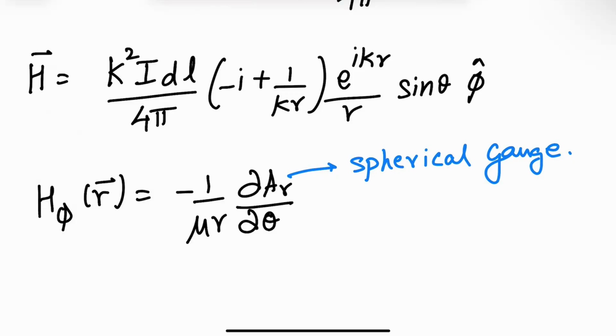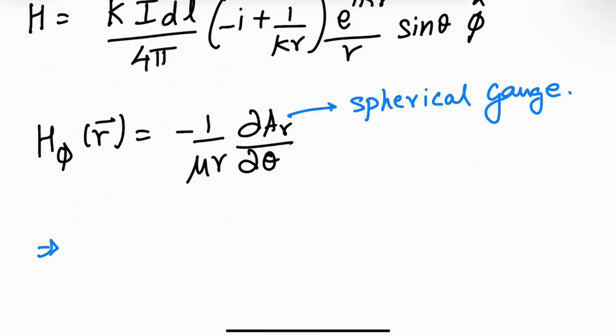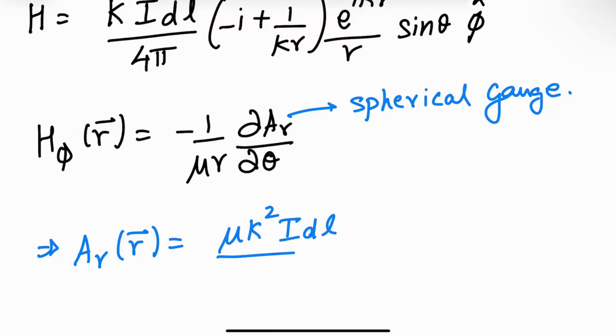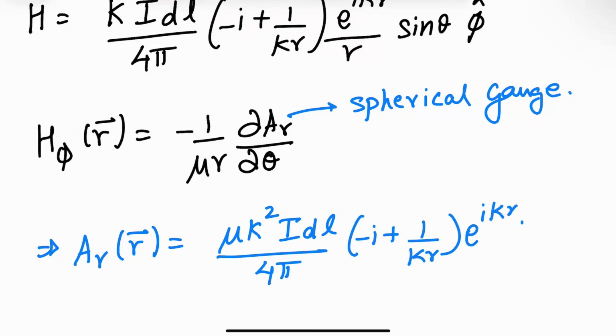Now comparing these two, you can actually show it easily that the spherical gauge A_r must be mu k squared I dl over 4 pi times minus i plus 1 over kr e to the ikr cosine theta.